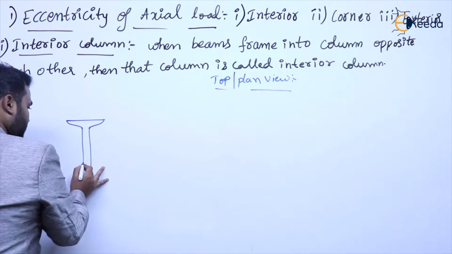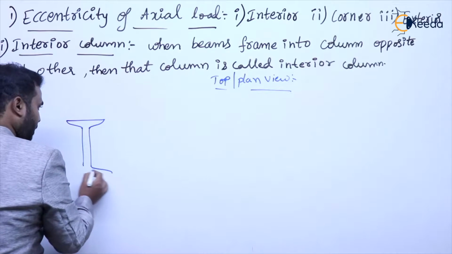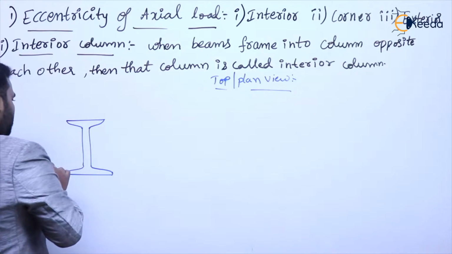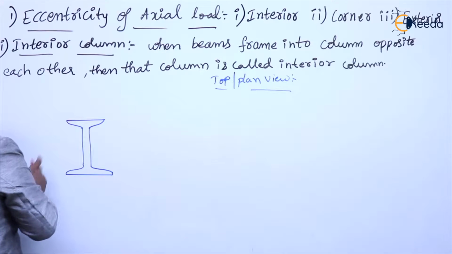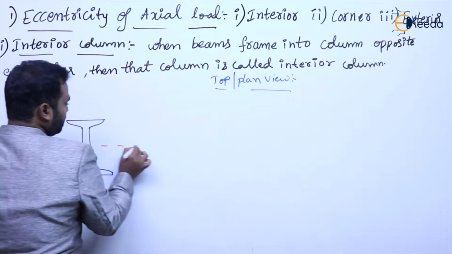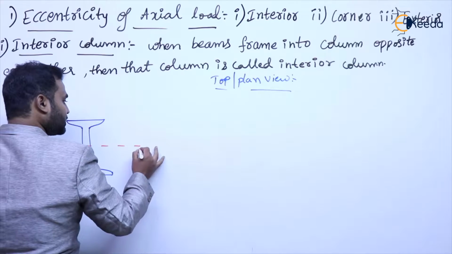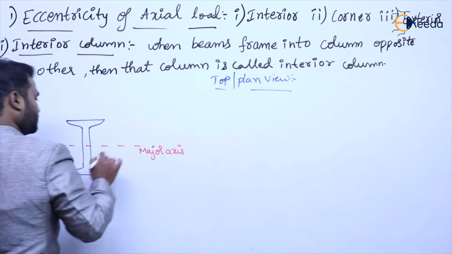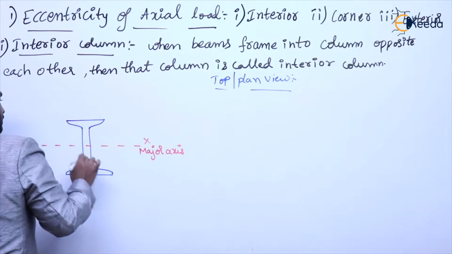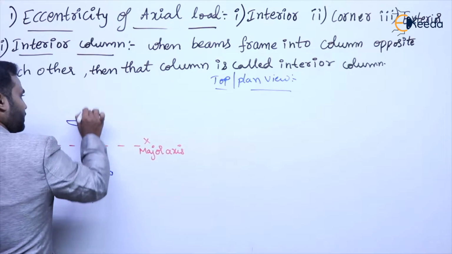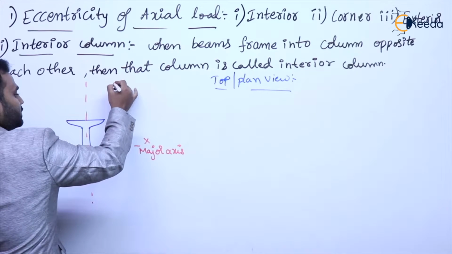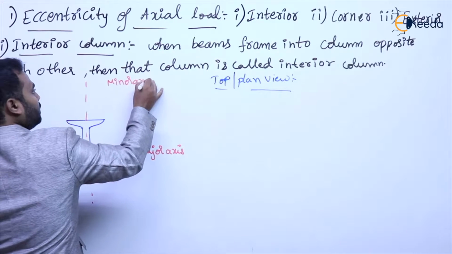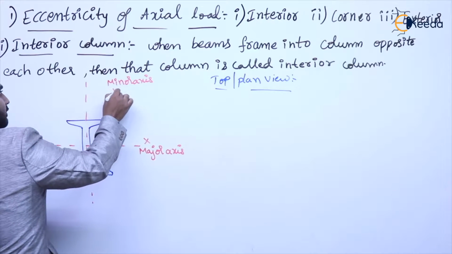These are the axes for this column. This is the major axis, that is XX, and this is the minor axis, YY.